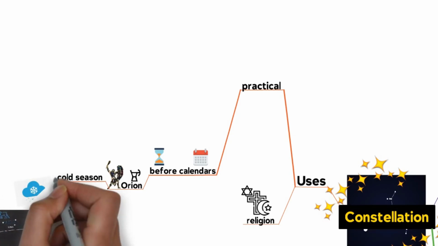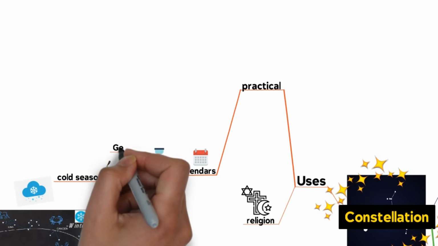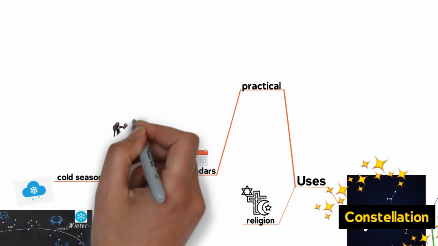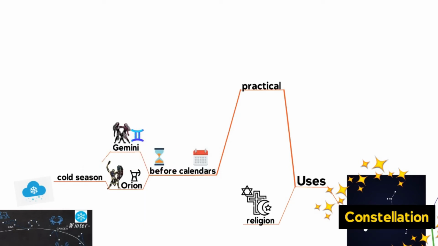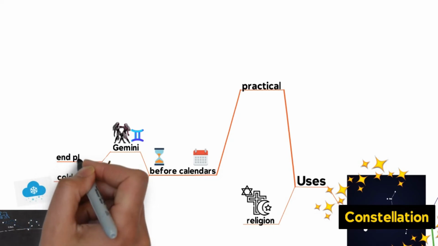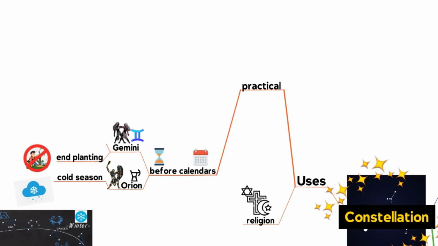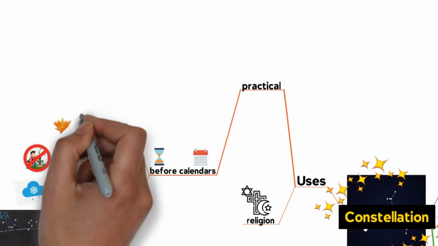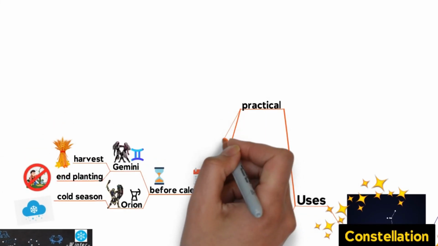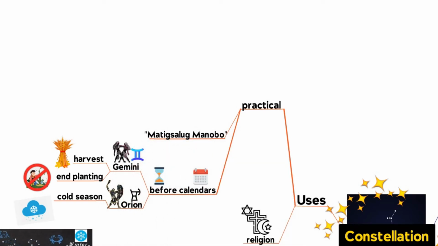In the Philippines, during the months of April and May, farmers interpreted the appearance of Gemini as the end of planting season, and it signified rich harvest. Another example is the Matigsalug Manobo of Bukidnon. They use stars and constellations in relation to their agriculture.